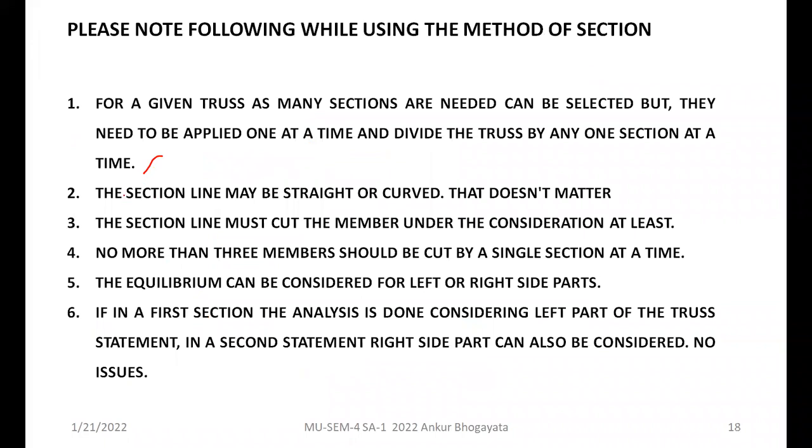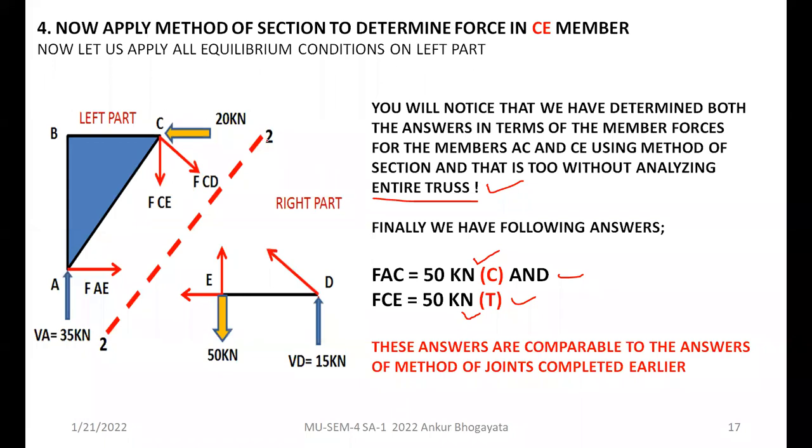The second point is that the section line may be straight or curved also. That doesn't matter. There is no hard and fast rule that this line should be a linear line. You can cut it like this also, no problem. There is no concern with the shape of this line. The only thing is its function is to cut the desired members only.